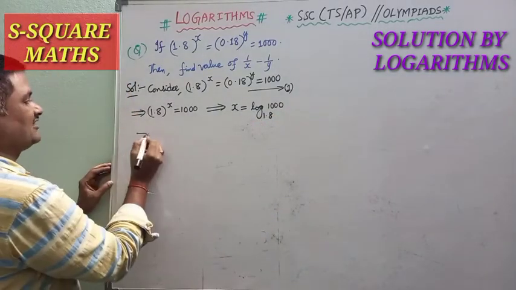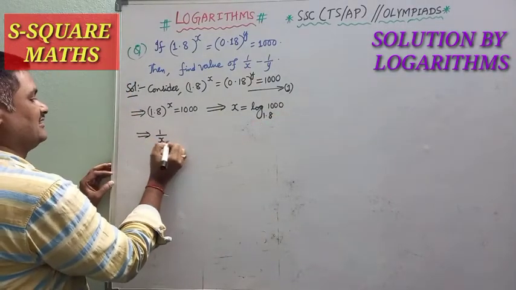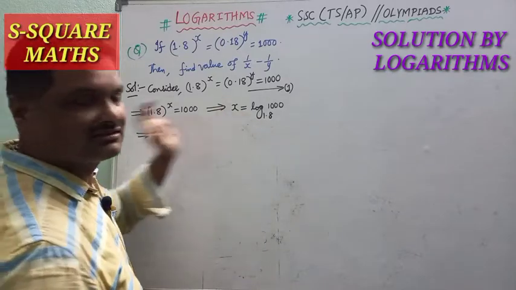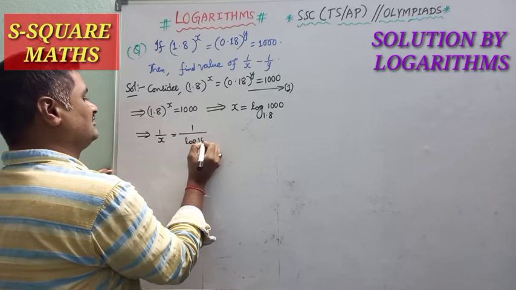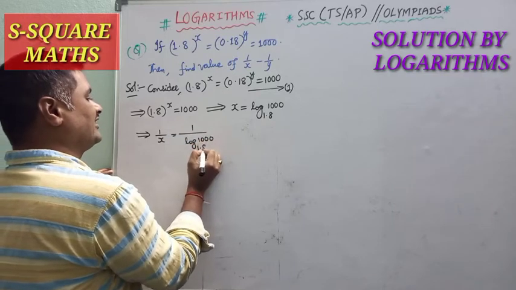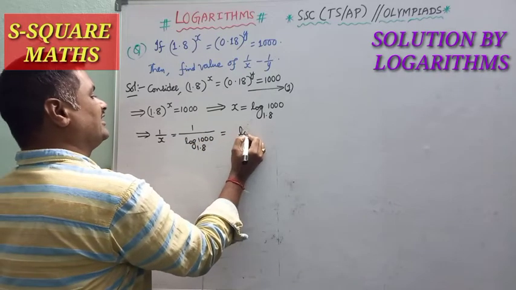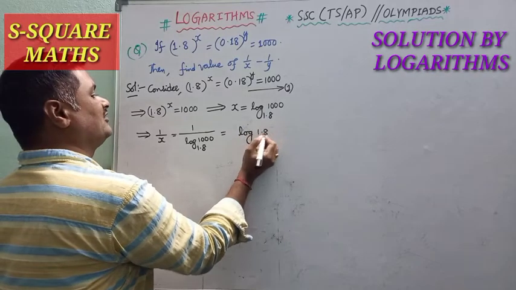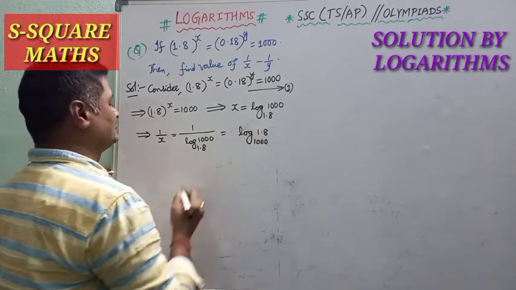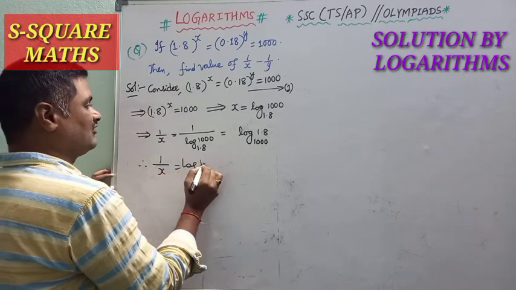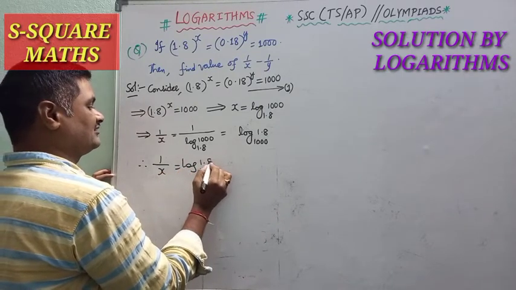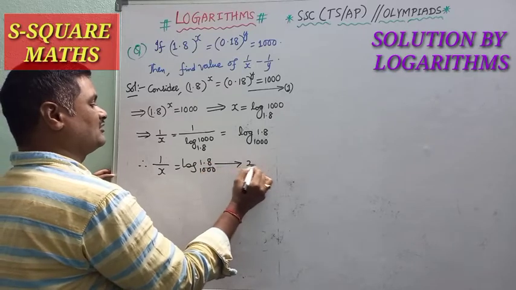This implies now 1 by x, the reciprocal, I can write as 1 by log of 1000 to the base 1.8. So I can write it as log 1.8 to the base 1000. Therefore 1 by x can be written as log 1.8 to the base 1000. Label as equation number 2.